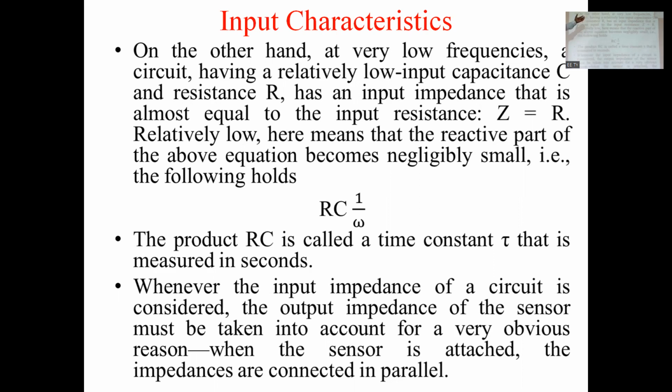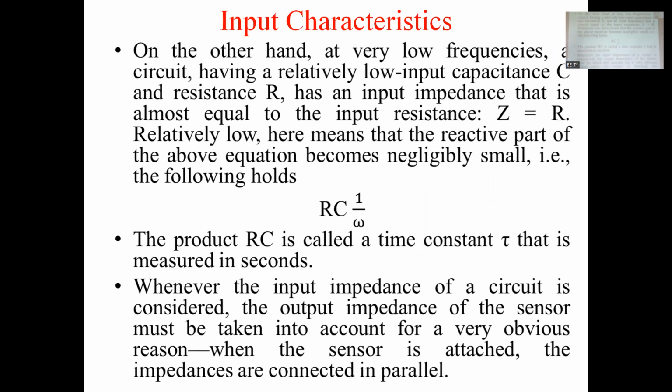Okay, it has an input impedance almost equal to the input resistance, that is Z is equal to R, and relatively low. Here it means that the reactive part of the above equation becomes negligibly small.